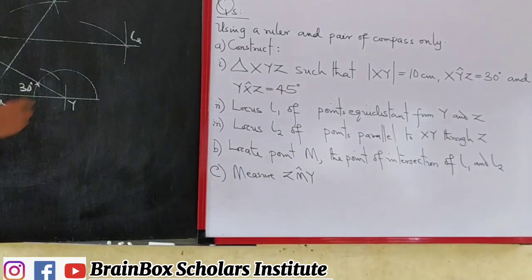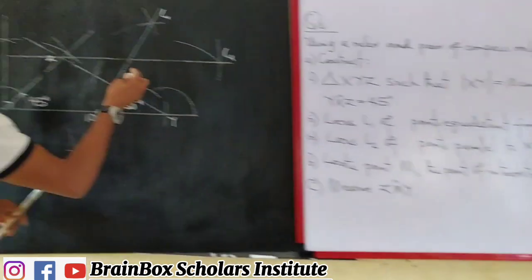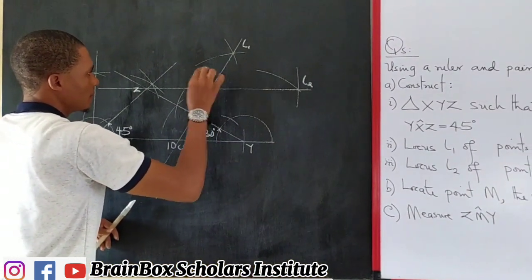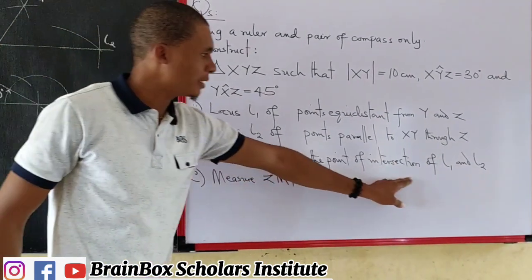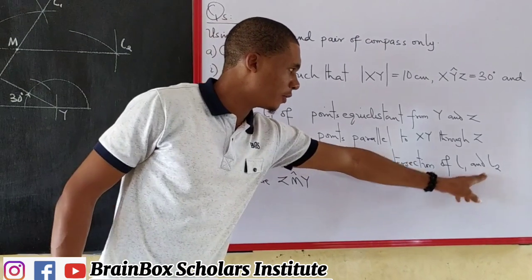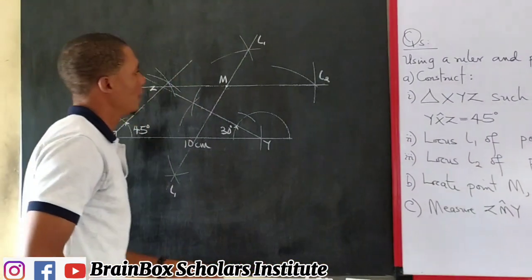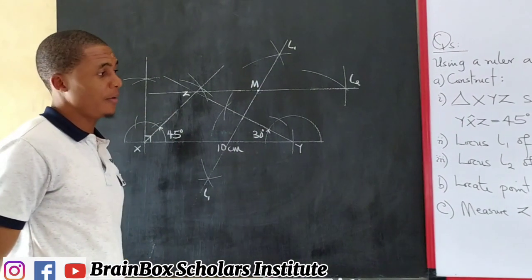Now, where is L1? Look at it, right? Yes. Where is L2? Look at it here, right? Yes. So here should be called M. That means where L1 and L2 join together, I call it M. Are we there?